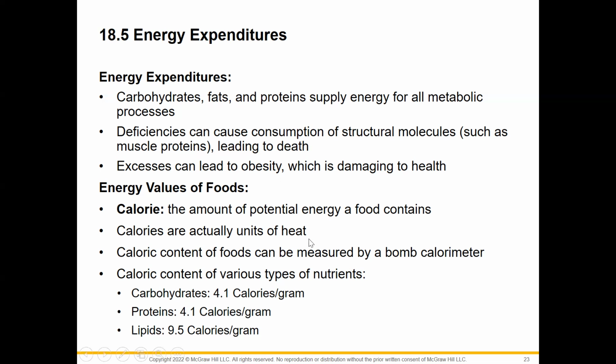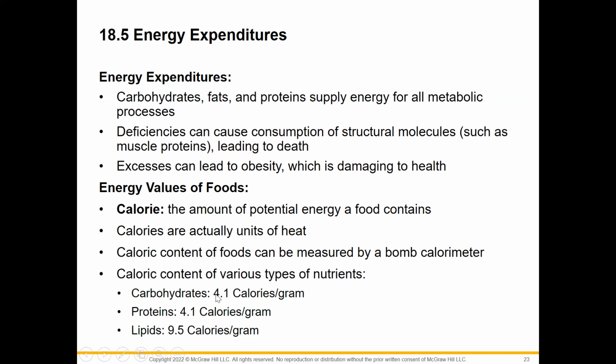Remember when we first talked about calories, we used that as a unit of heat. That's because as the body is breaking those bonds to release energy, a byproduct of that is heat. So calories are a measurement of potential heat energy that comes from certain foods.